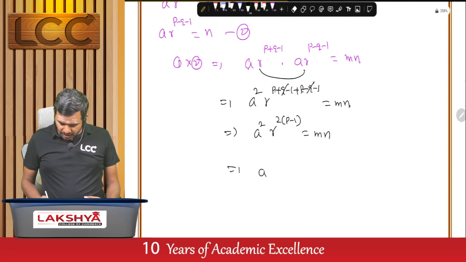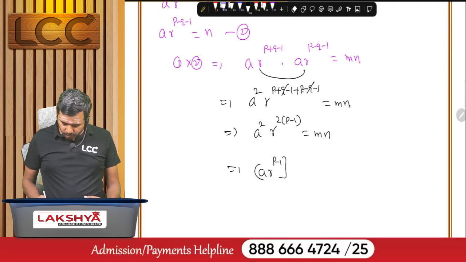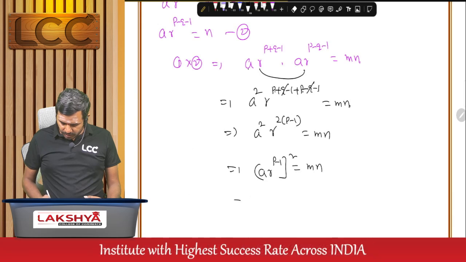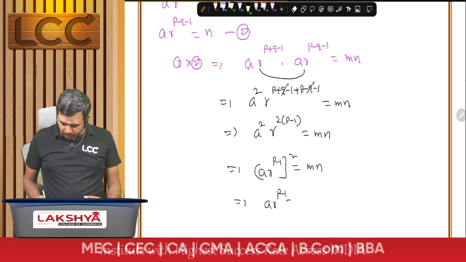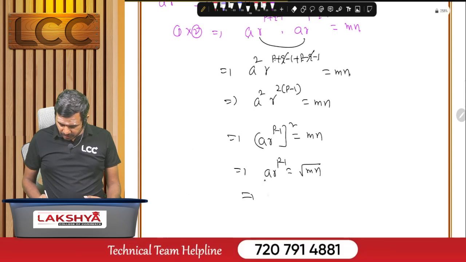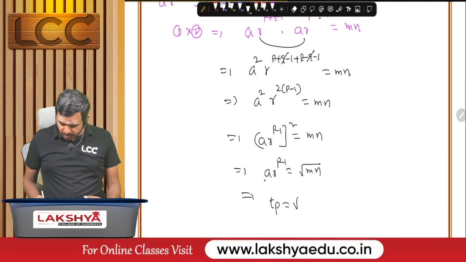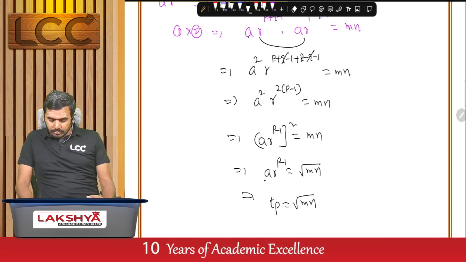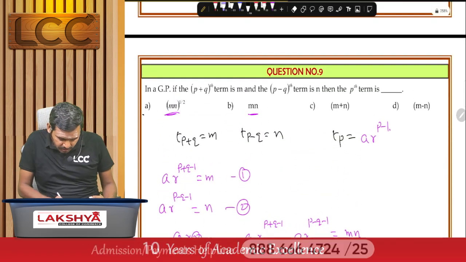This implies A into R power P minus 1 whole square is equal to MN. This implies A into R power P minus 1 is equal to root of MN. This is nothing but TP is root of MN. Therefore, the answer is A.